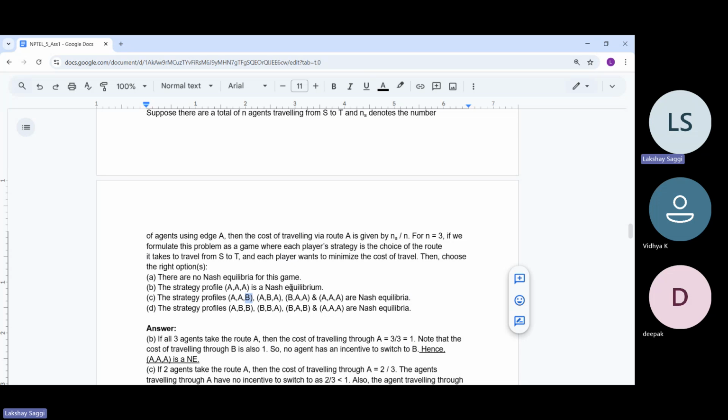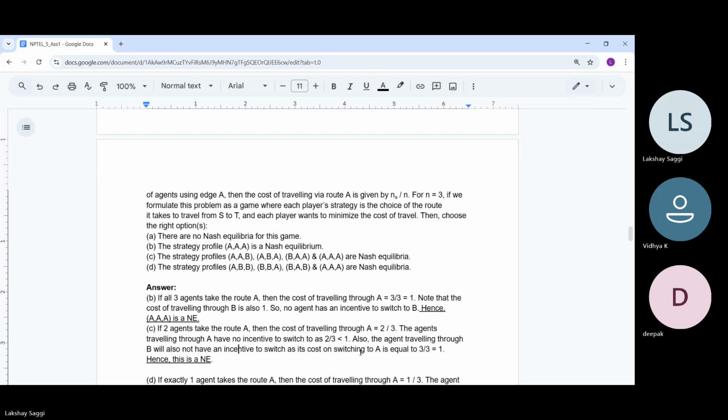So the person who was initially traveling through B had a cost of 1, and even after switching, he has to pay a cost of 1 nonetheless, because now the fraction of agents traveling through A increases. So there will be no real incentive for this third person to switch either, because he'll be paying the same cost nonetheless. And so this is also a Nash equilibrium, because no agent will have an incentive to switch.